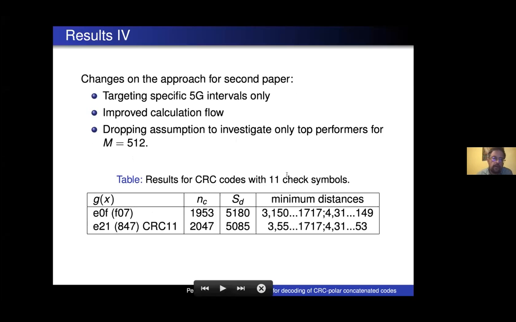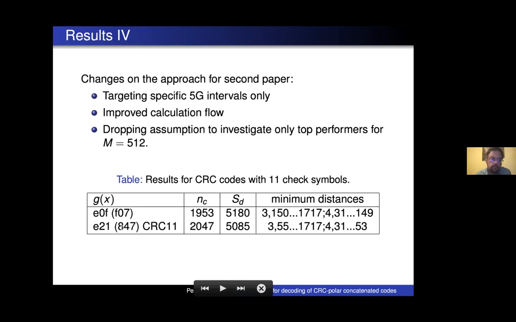For 11 check bits, for instance, this is the CRC-11 standard, and our proposal for the whole interval from 31 to 1717, you see here that we have a minimum distance of 4 between 31 and 149.